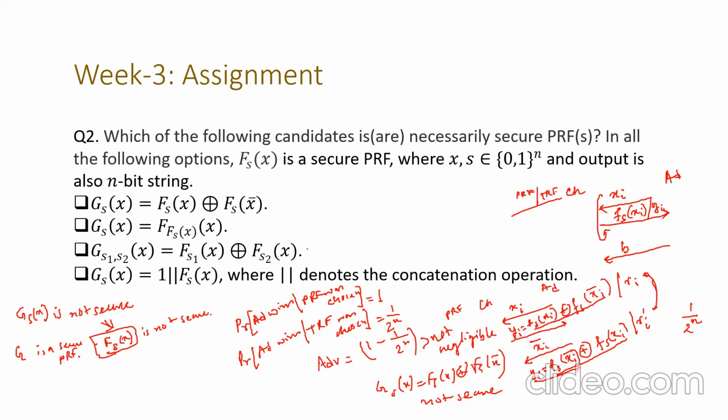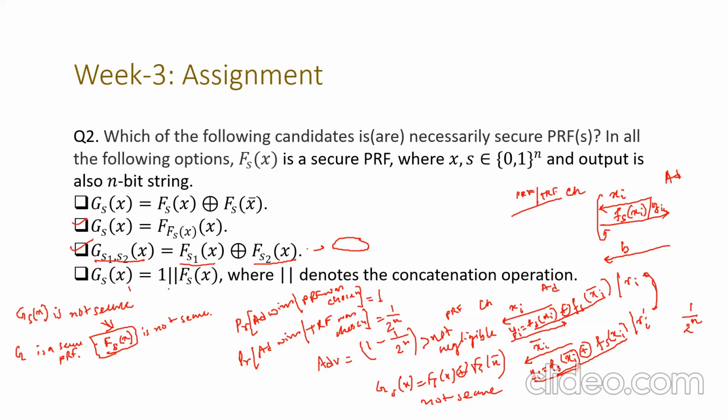Since F is a PRF, the output is a pseudorandom value, and for the same reason, this output is also another pseudorandom value, and you are XORing these two pseudorandom values to generate another pseudorandom value, as we had also seen earlier for an example of a PRG. So here also similar things are happening. So that's why G remains secure. So this is secure, this is secure.